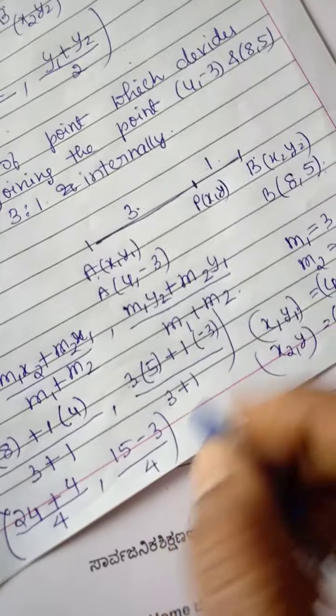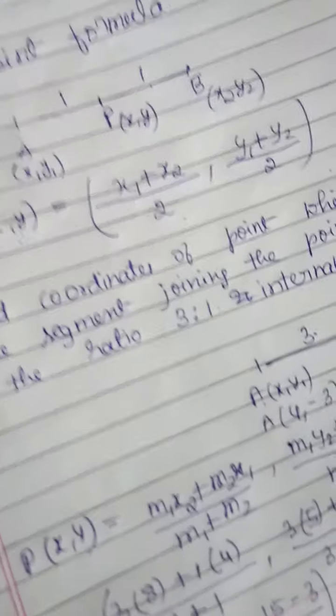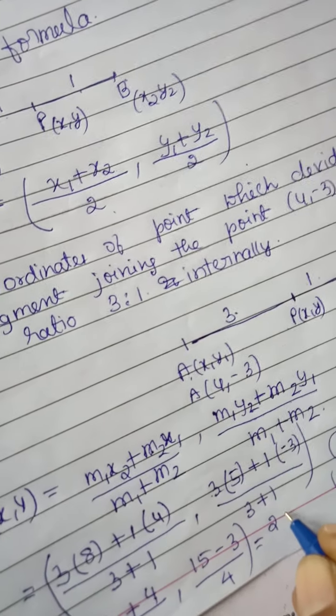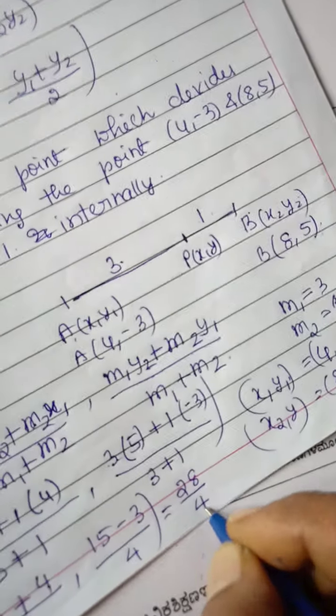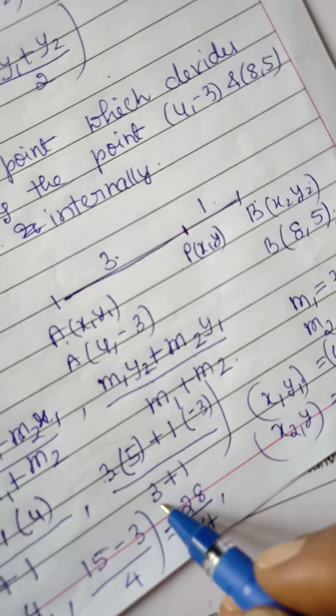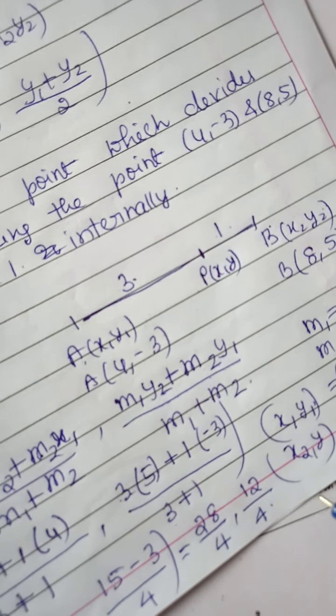So we can get the coordinates as 24 plus 4, that is equal to 28 divided by 4, and 15 minus 3, that is equal to 12 divided by 4.